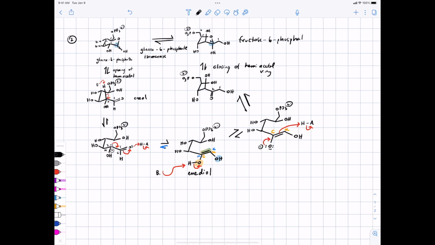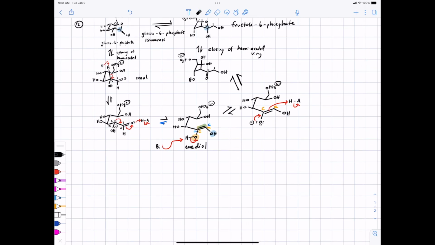The only difference between glucose and fructose is that fructose is a ketone sugar, glucose is an aldehyde sugar. They're isomers of each other, and you get from one to the other through 2 tautomerization steps. So this series is the first tautomerization, and then this series is the second tautomerization.